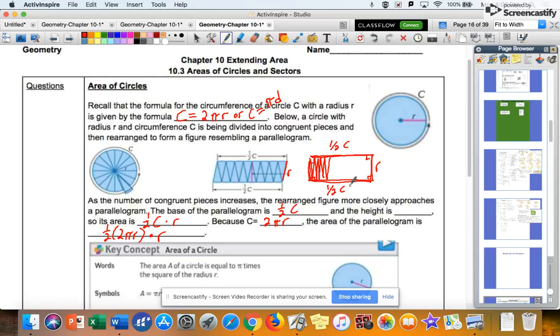When we say c, that's really 2 pi r, because that's circumference, 2 times pi times radius. So the base of the rectangle is 1/2 times 2 pi r, and then the height of the rectangle is r. By the way, I guess I forgot to put in height over here.